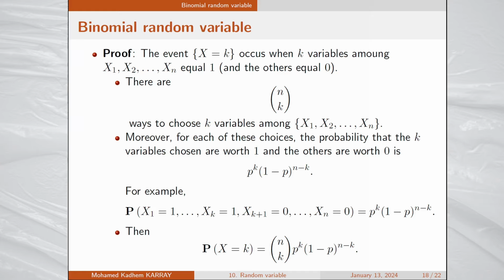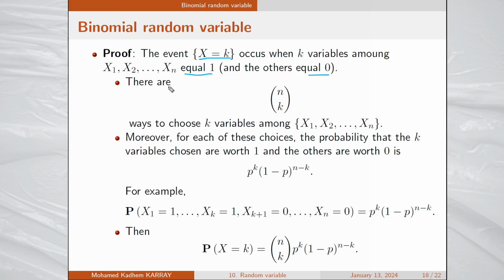Let's prove this formula. The event x equals k occurs when k variables among x1, x2, ..., xn equal 1 and the others equal 0. Since in this case the sum of these random variables will give the value k.